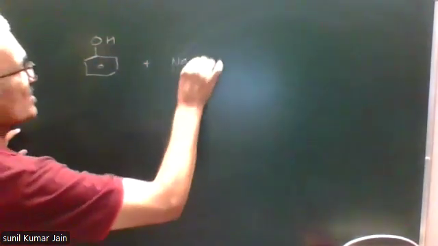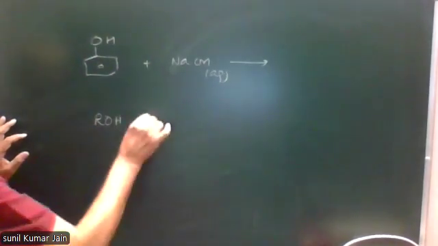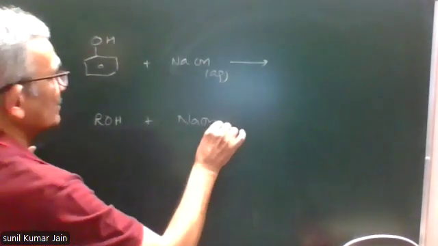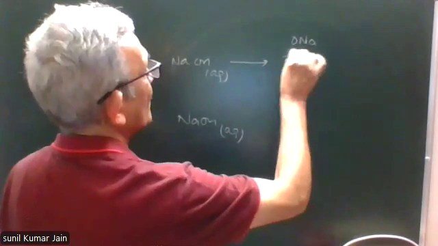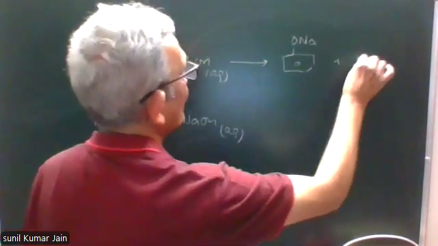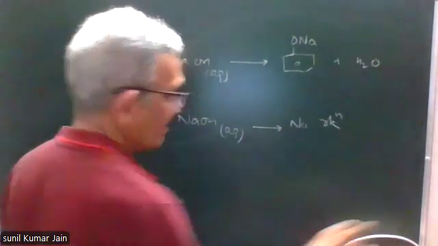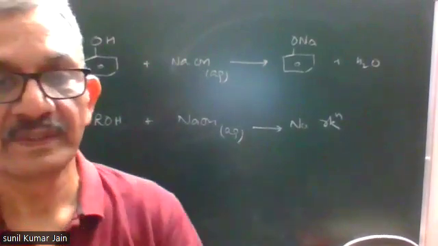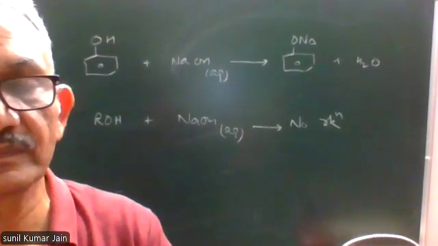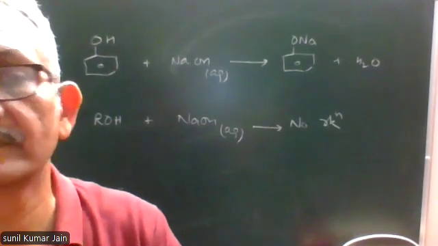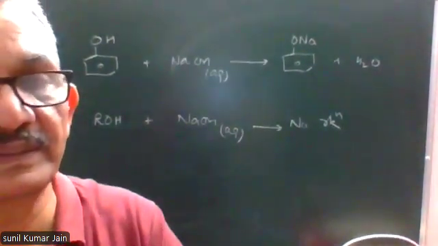Phenol with aqueous NaOH, alcohol with aqueous NaOH. Write this equation and just one more sentence. That's it.